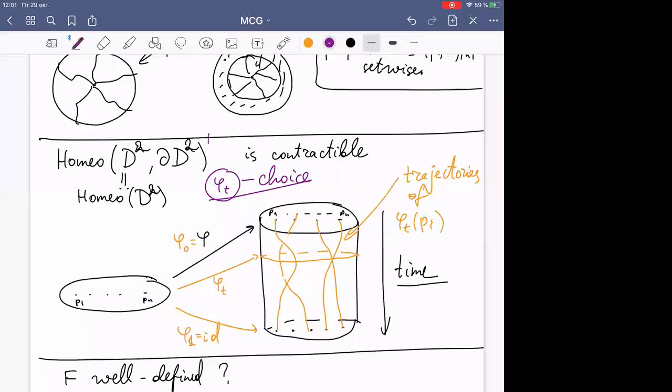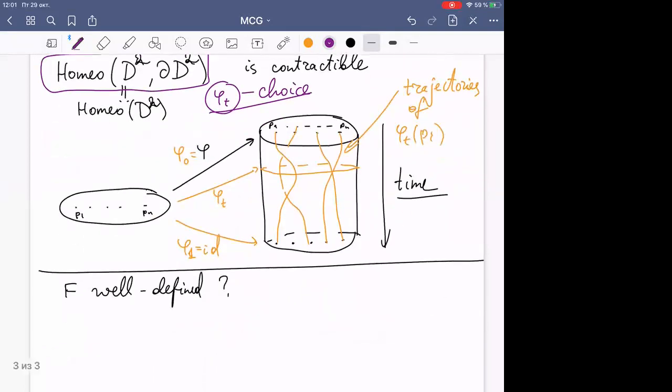This group is not only connected, but it is contractible. So any two choices of isotopies, actually we have a canonical isotopy, this Alexander's isotopy, but any other choice leads to an isotopic picture. So it is well defined.